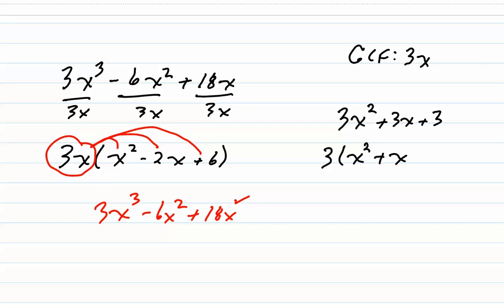A lot of students just complete the factoring, and then when you check it, 3 times x squared and 3 times x, we get 3x squared plus 3x. We missed that last term.